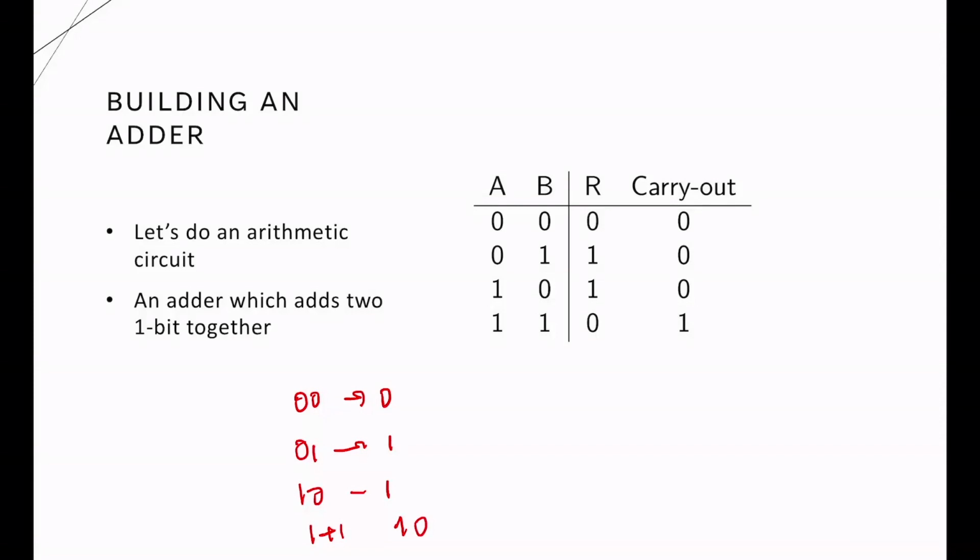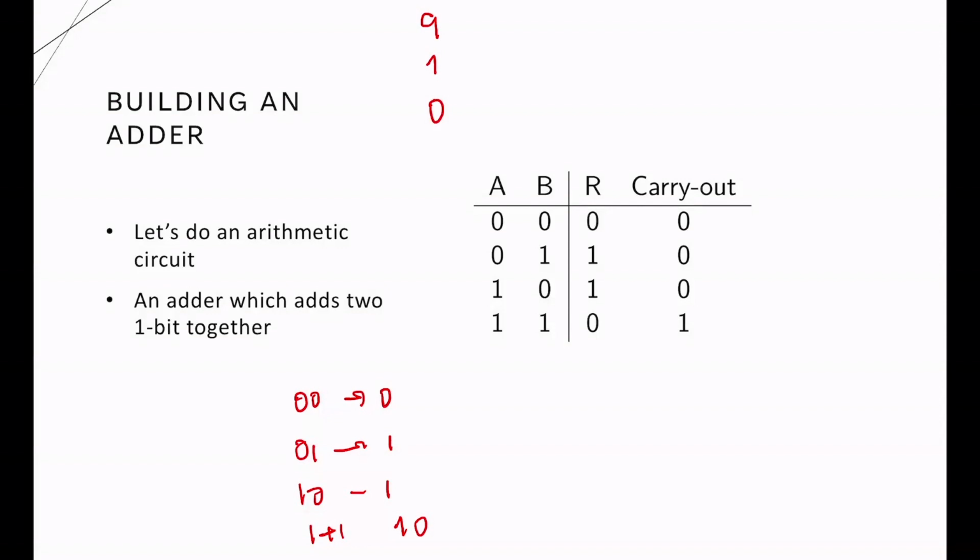Because it's a binary number, it's just like decimal numbers: if you run out of digits, you have to carry to the next bit, right? It's just like when you add 9 and 1, the output will be 0 with a carry of 1.